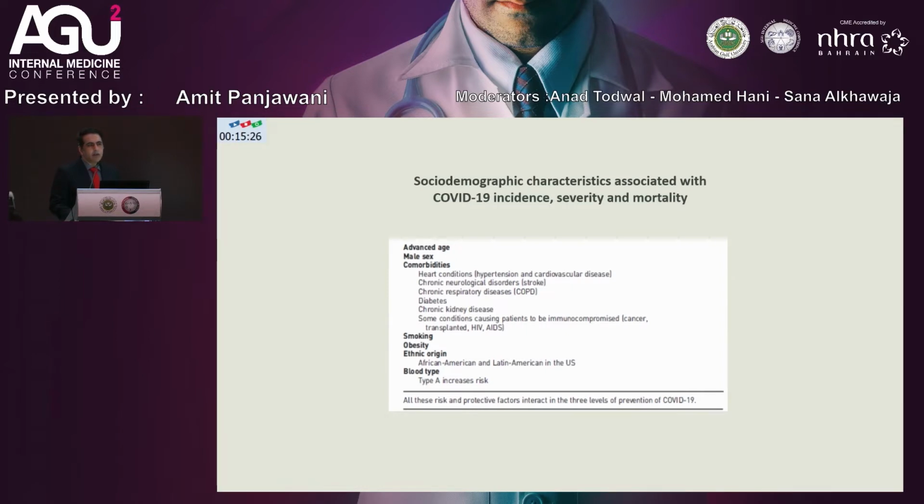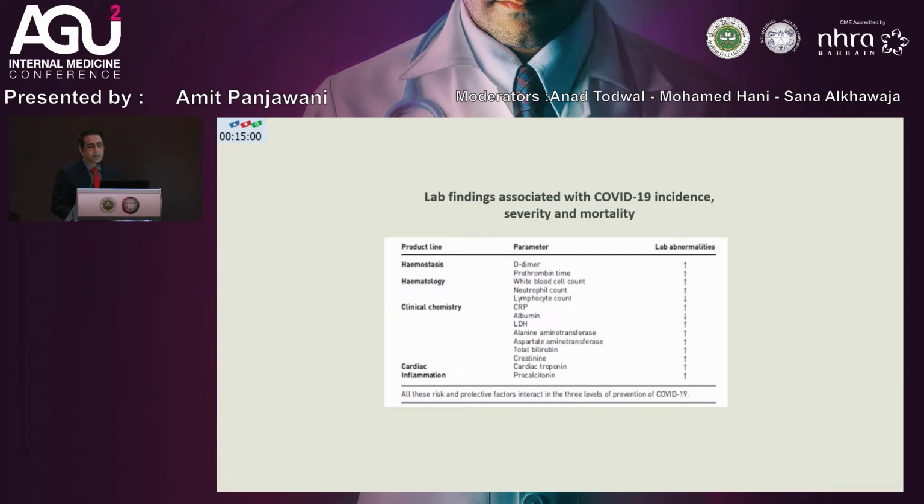More often than not, the risk factors associated with a poor outcome of coronavirus infection are advanced age, male sex, comorbidities involving the cardiac and the respiratory systems, smoking, obesity, and certain ethnic backgrounds.